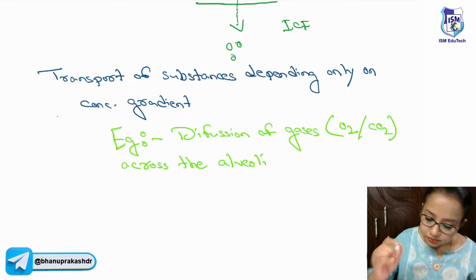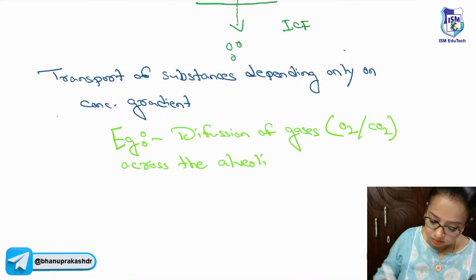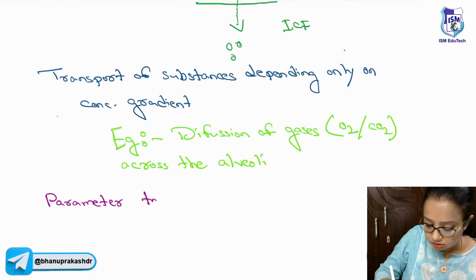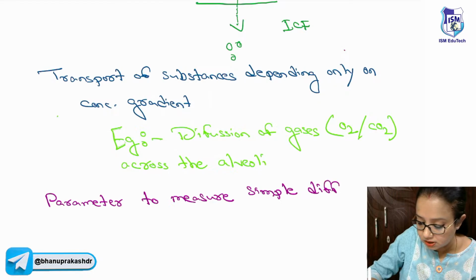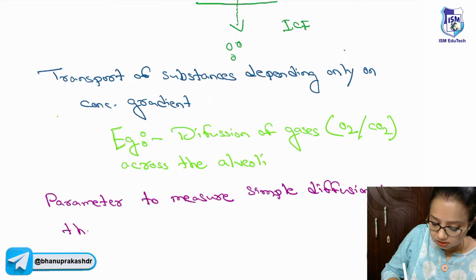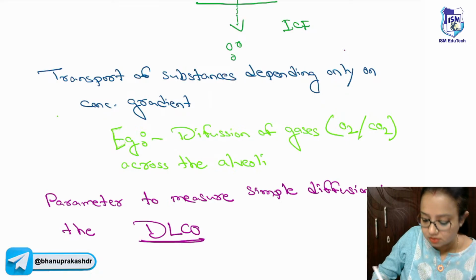Okay. Now, one parameter to measure simple diffusion is the diffusion capacity of the carbon monoxide.